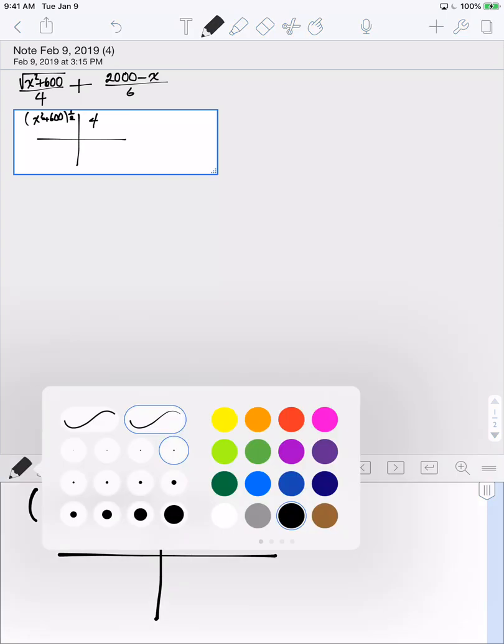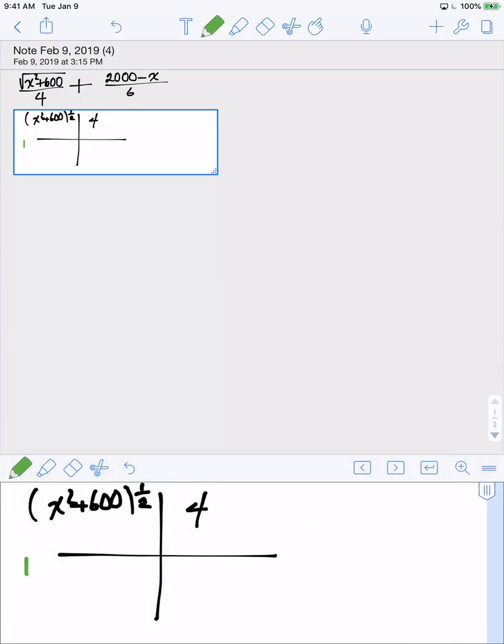And so the derivative of the numerator is the chain rule, right? 1/2 x squared plus 600 to the negative 1/2 power times 2x. And the derivative of 4 is just 0.